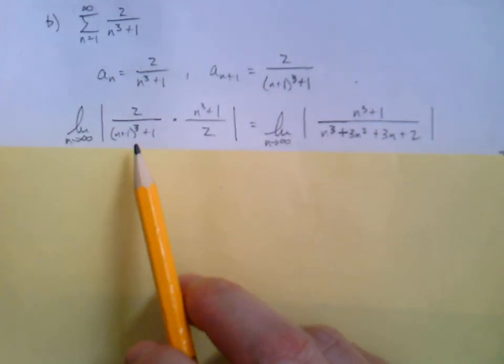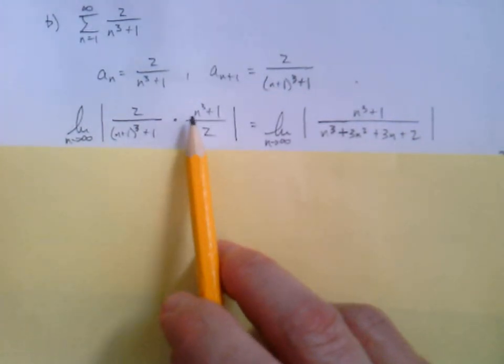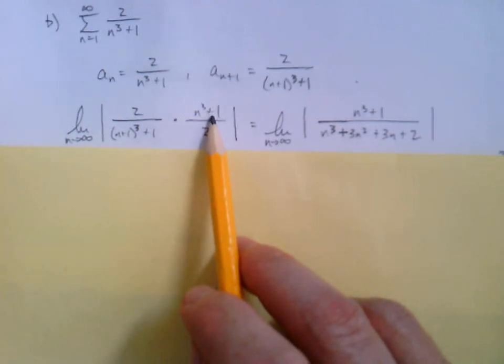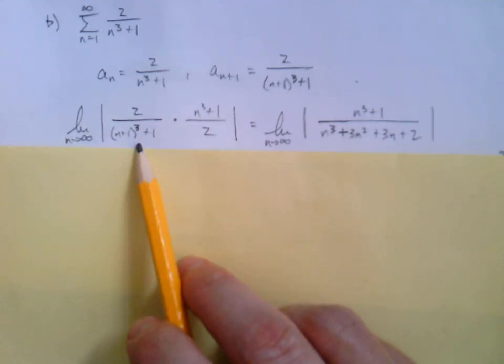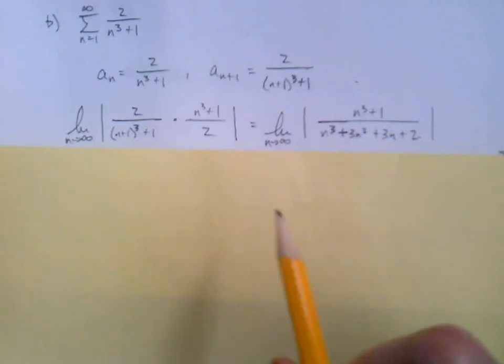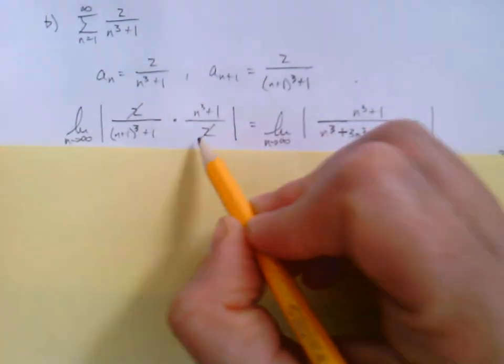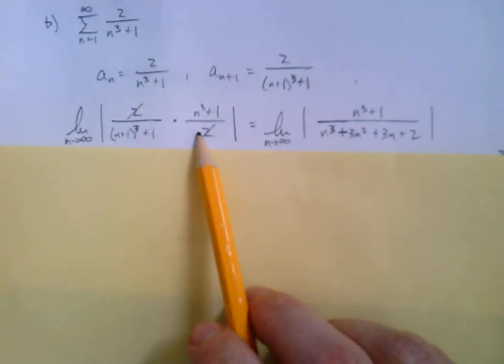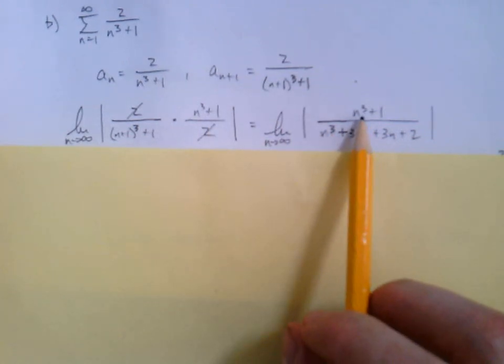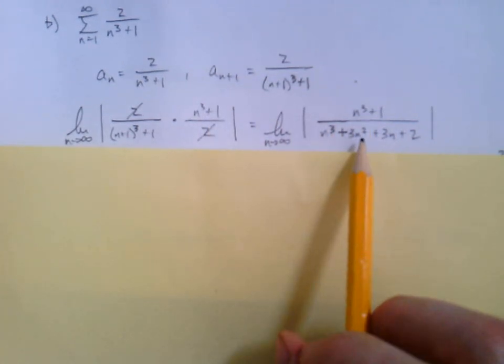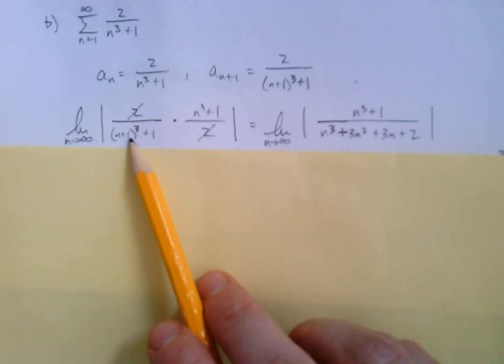Now this one, just the nature of these polynomials, we're not going to be able to cancel much there. I mean, we can cancel the 2's for sure, but then we're left with n to the third plus 1, and I went ahead and just multiplied all this out.